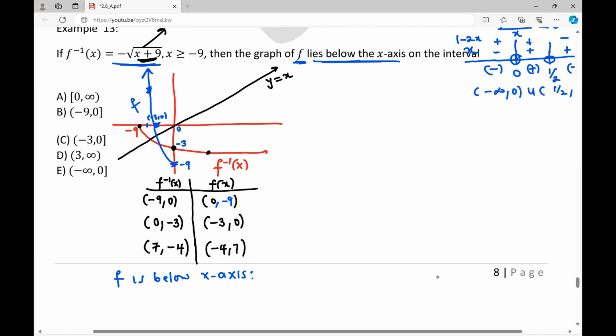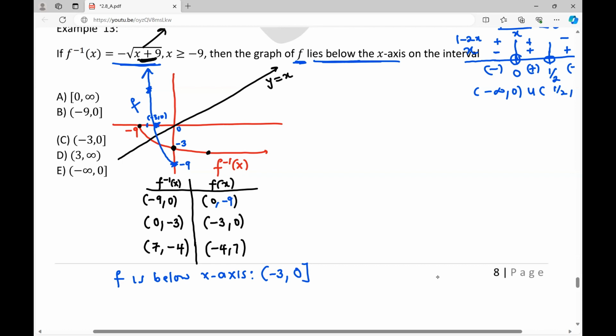But what is this point? This point is minus 3, right? So it's going to be from minus 3 until it gets to this point. But at this point, what is the value of x? y is minus 9, but x is 0. So we have minus 3 to 0 closed.